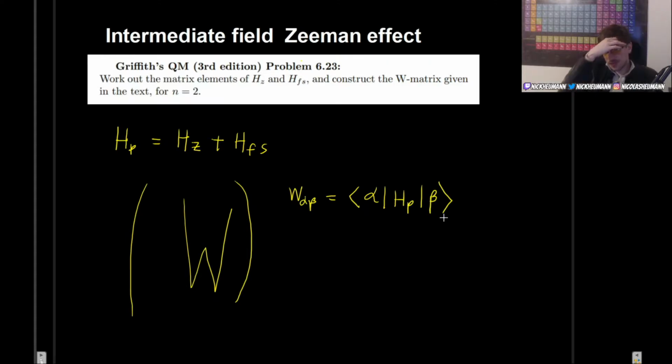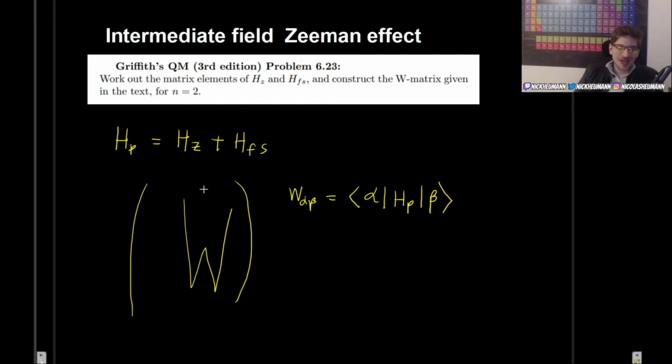So alpha is going to be state 1, and then beta 1, and then you're going to change them: 1, 2, 1, 3, 1, 4, and so on. And we're going to build the entire matrix using this method. That is going to take a while, so this is going to be somewhat of an annoying problem, but you know.